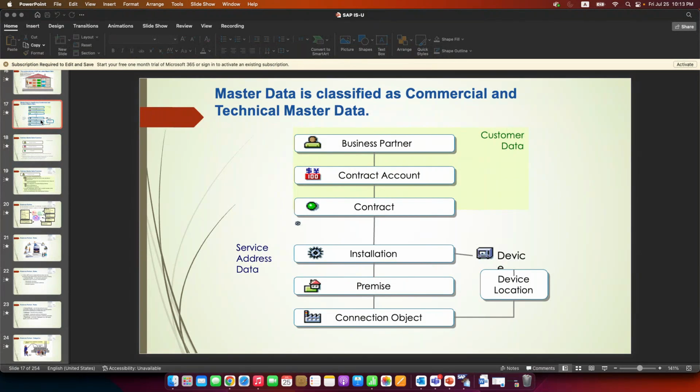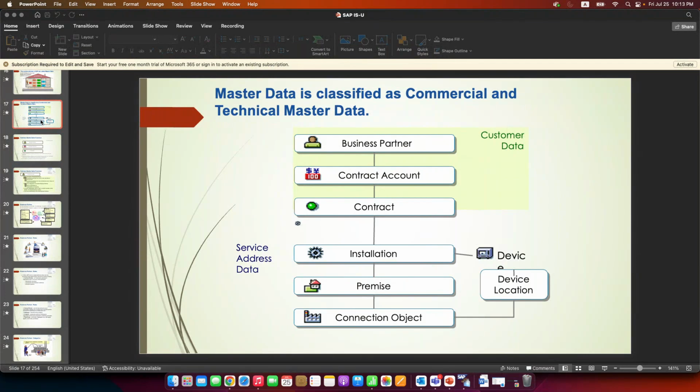Sometimes you don't need to have a service, but you can have an agreement. In that, your contract account will have a business agreement, right? Agreements in the sense your tolerance limit, your payment plan, like payment details, due date, your taxation, all that information we are going to hold as part of your contract account.